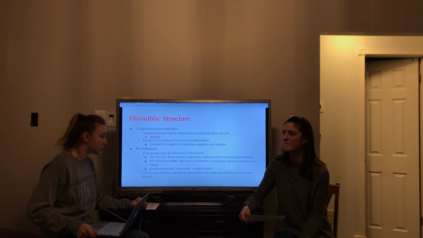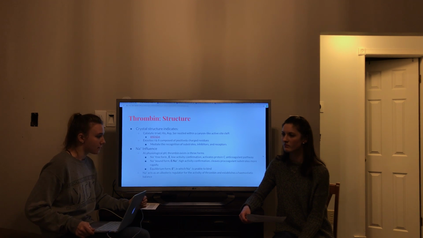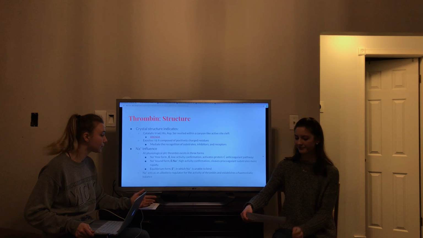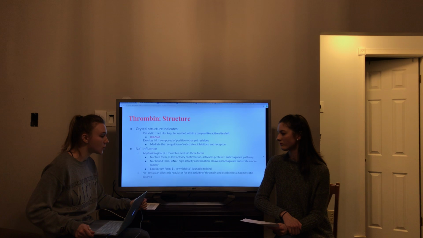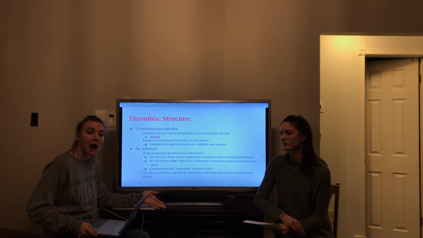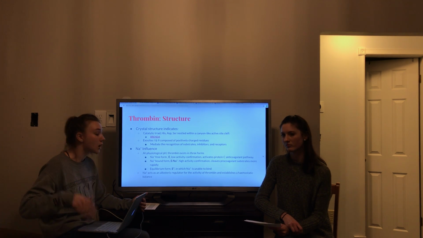The bound form, E:(Na), the high activity conformation, and that's the conformation that cleaves procoagulant substrates more rapidly. And then the equilibrium form, E*, in which sodium is not able to bind thrombin at all. In this manner, sodium acts as an allosteric regulator for the activity of thrombin and balances out the blood clotting process.